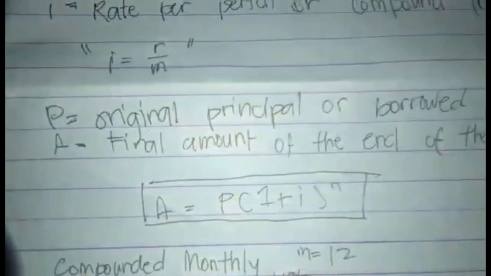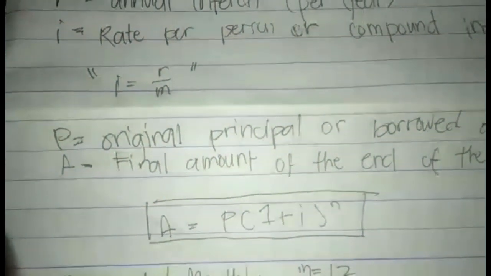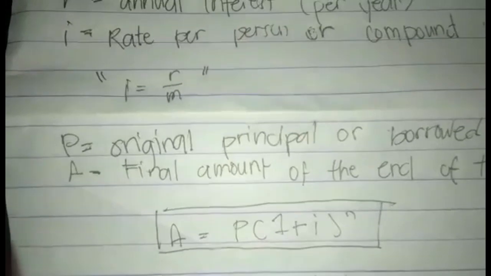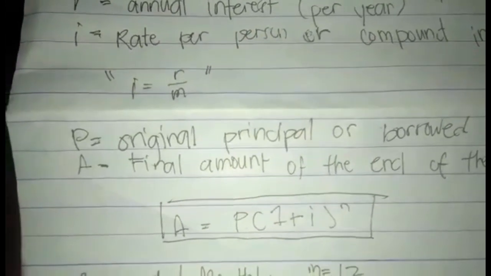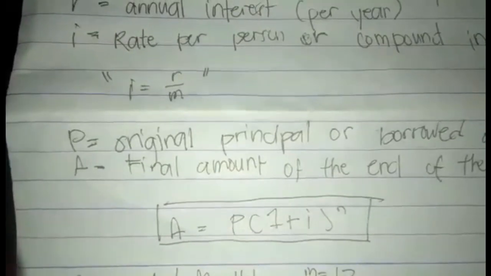This, A equals P quantity 1 plus I quantity raised to N, is the original formula to get the compounding period.